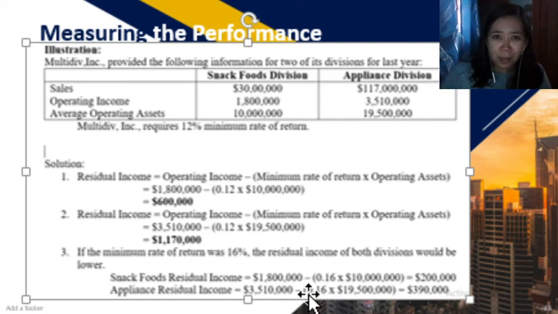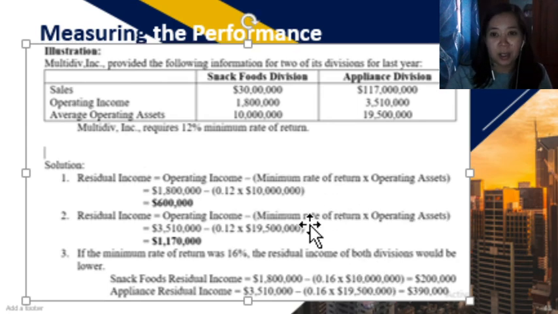If you notice, the residual income decreased because the required minimum rate of return increased, and our operating income stays the same. That's why the effect is that the residual income decreased for both divisions.